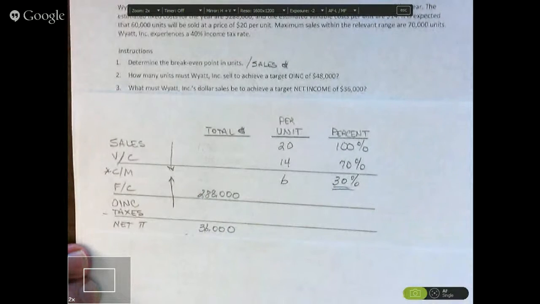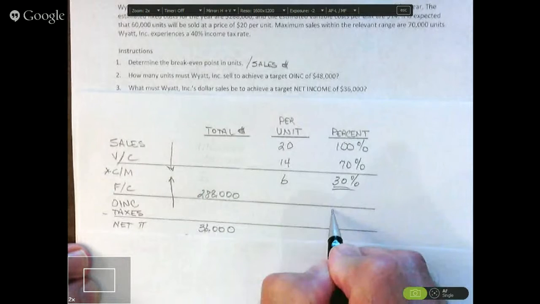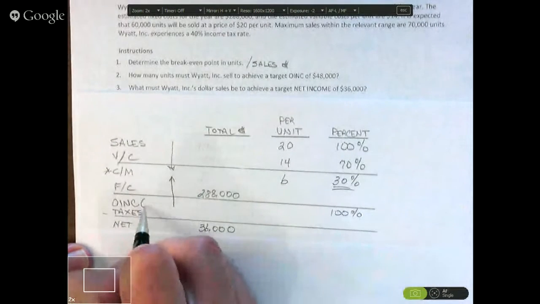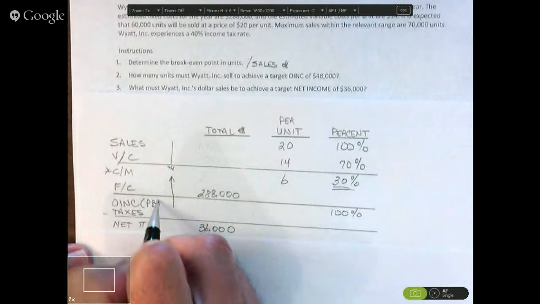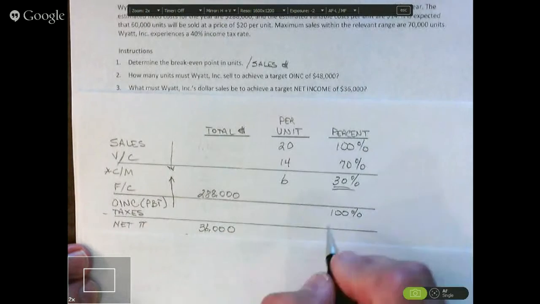Okay, here is how an income tax expense operates as a variable cost. We will say that the operating income, or profit before tax, PBT, and let's assume that there is no interest or other gains and losses that we need to consider in this particular case. Operating income would be 100%.